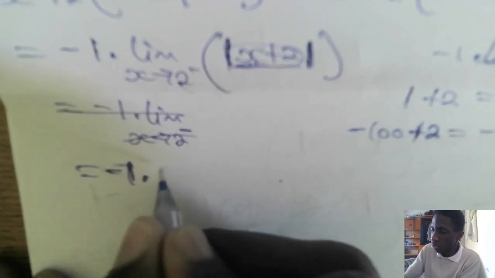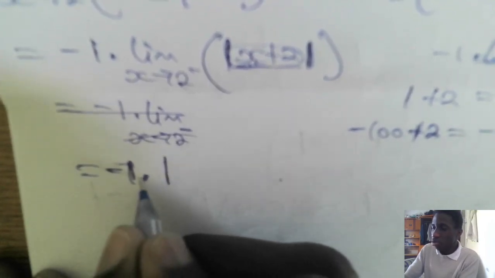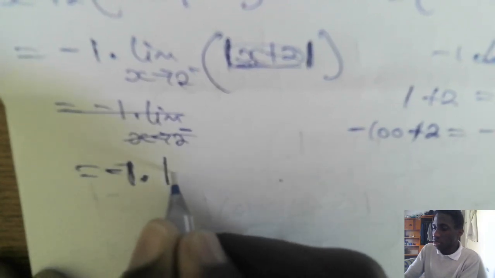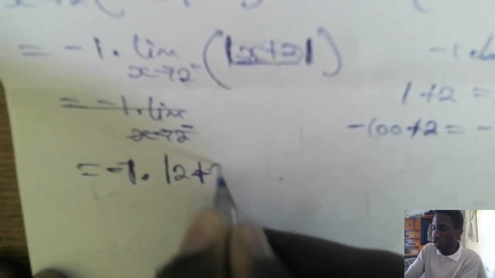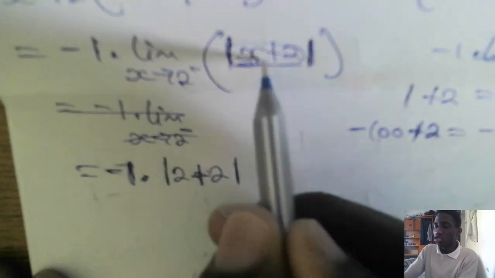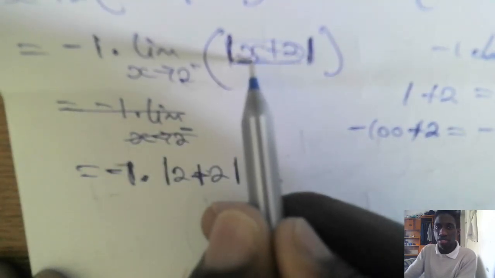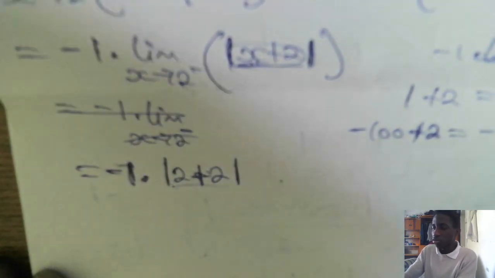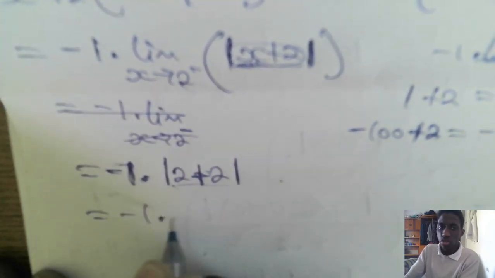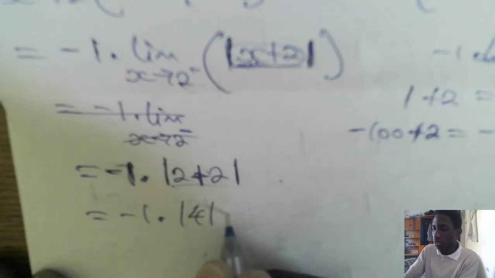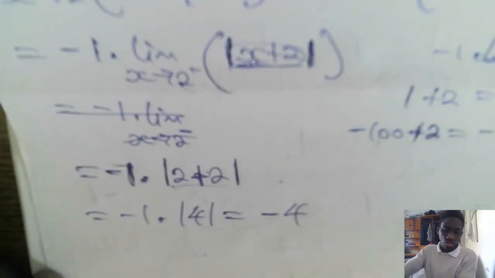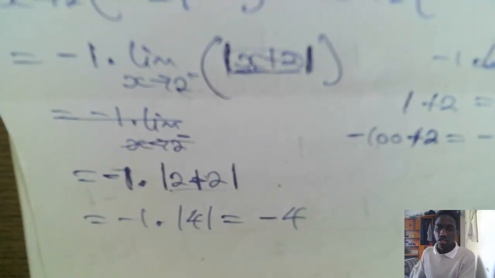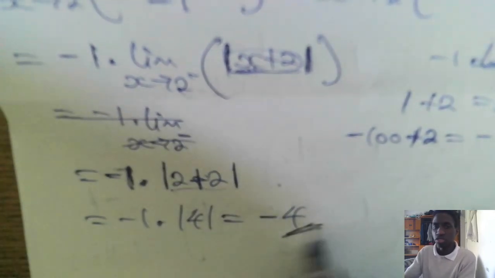Minus 1 multiplied by the absolute value of 2 plus 2. So I've put in 2 where I have x. This is equal to minus 1 multiplied by absolute value of 4, which is equal to minus 4. So this is the answer for that question, minus 4.